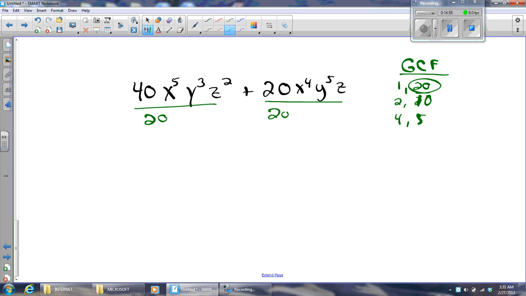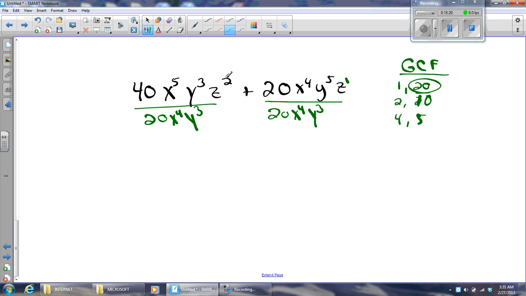Now, this is where some of you are going to get confused, and this is really the easiest part. Okay, x to the fifth and x to the fourth. What's the smaller exponent? X to the fourth. Y cubed, y to the fifth. What's the smaller exponent? Y cubed.